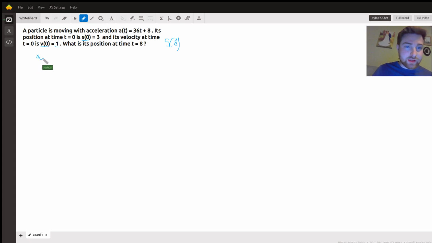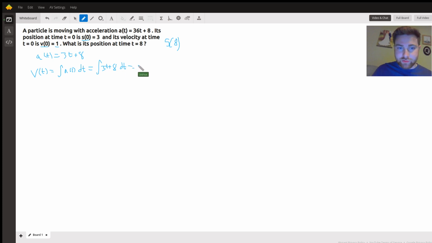So given a of t equals 3t plus 8, velocity at time t will be the integral of our function a of t. So we're going to integrate 3t plus 8 dt.